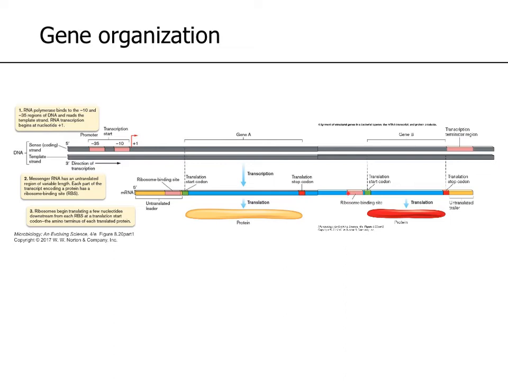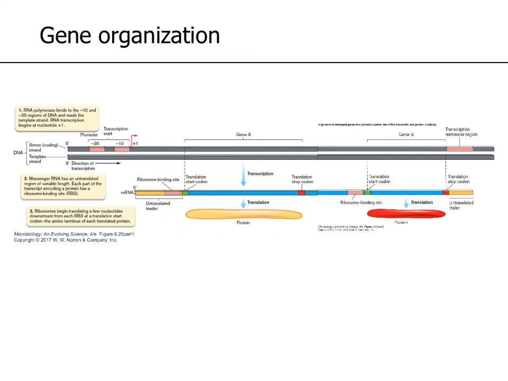In the mRNA, we had two genes, so we essentially have two ribosome binding sites and two start codons. You'll often hear of the 5' untranslated region, the untranslated leader, and within that is the ribosome binding site. Then here's your start codon, and you get translation of this protein.